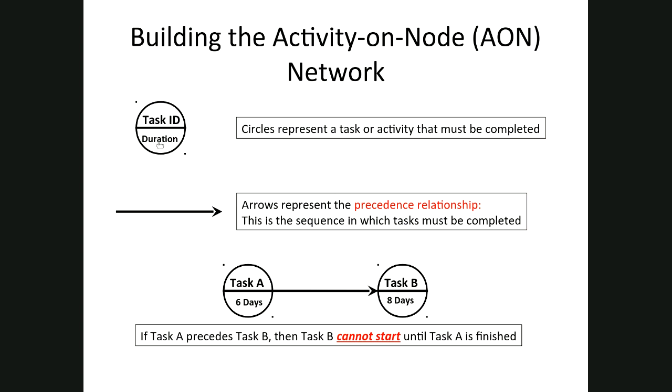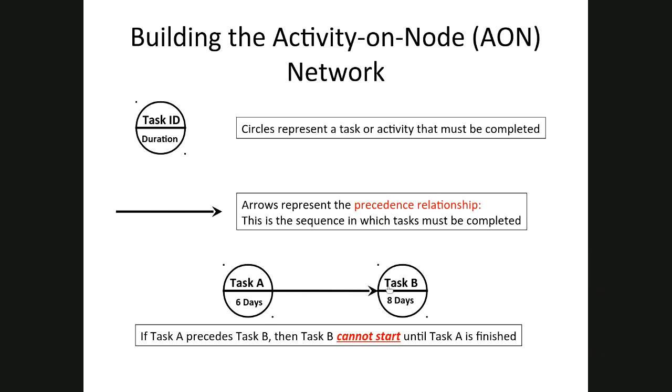How long does that specific task require to be completed? And so this whole process is called activity on node. We're going to be building an activity on node network, beginning with these circles. Then from that, we're going to use arrows or arcs. And the arrows here will represent the precedence relationship as shown here in this next diagram.